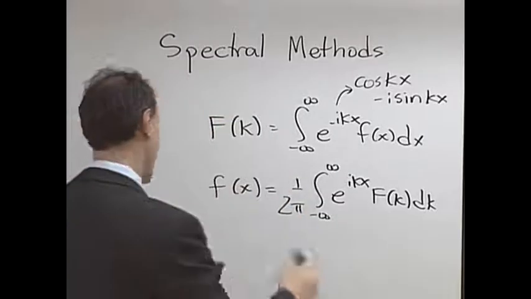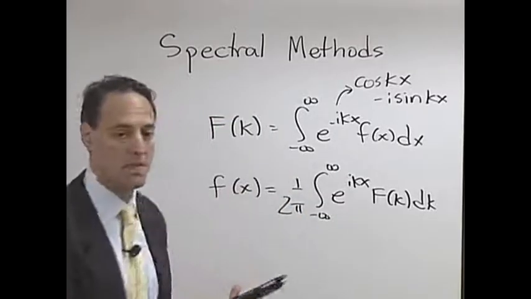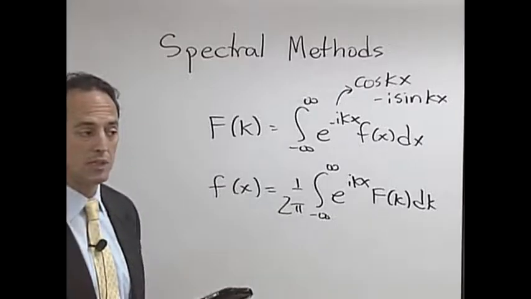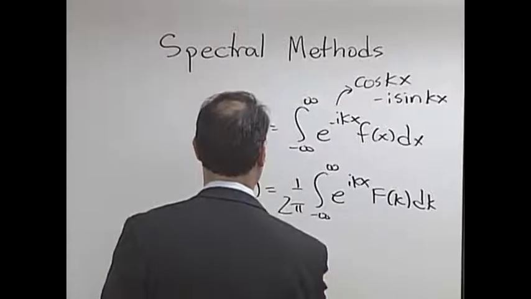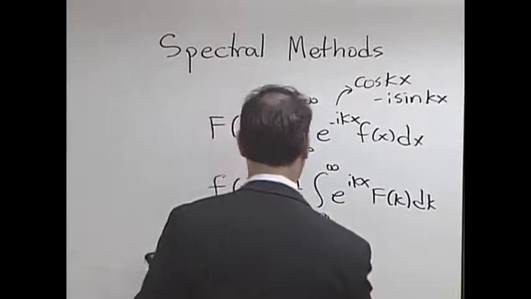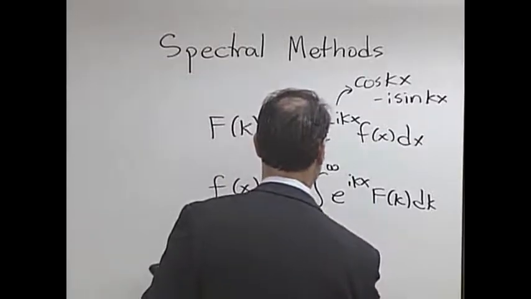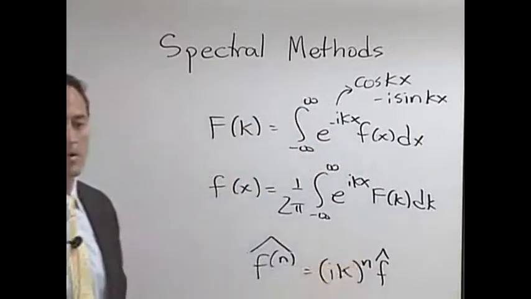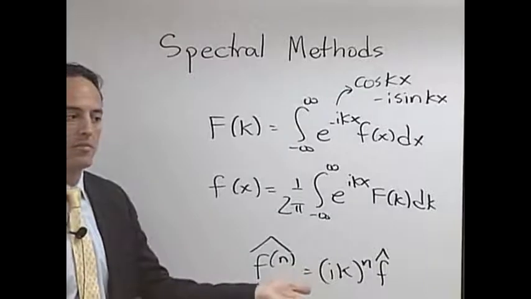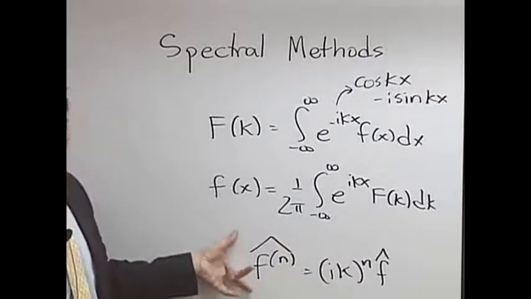Now, one very major relationship that came out and that we've been using is the following. That the Fourier transform of the nth derivative is ik to the nth power times the Fourier transform of the function itself. And this is gold.